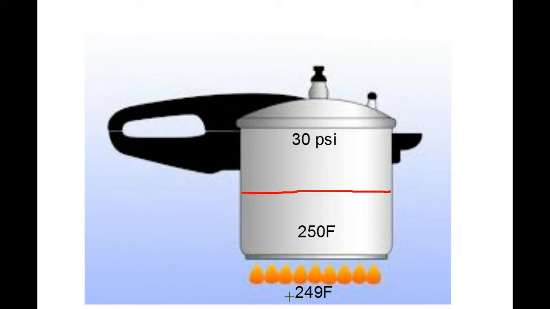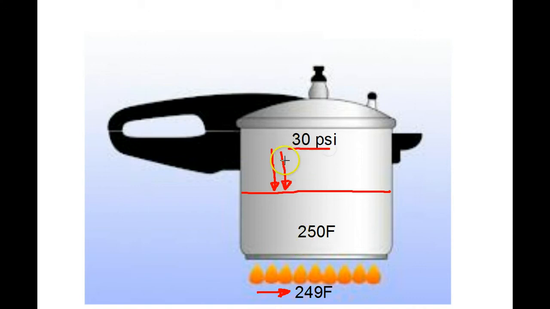If we drop the burner and the heat energy down to 249 degrees Fahrenheit, the liquid stops changing state into vapor, but the vapor will start to change state back into liquid, and it will start to bead up and roll down the sides of the pressure cooker and drop back into the water.